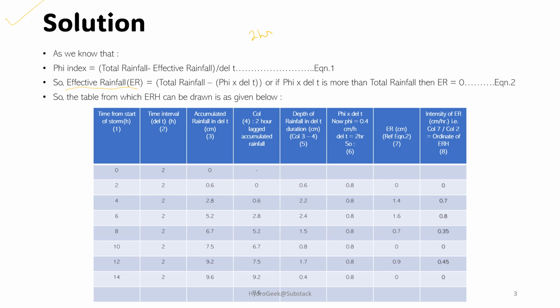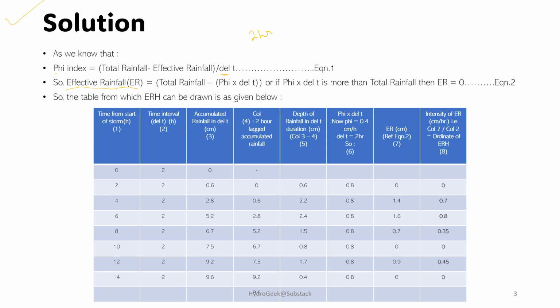So this is a very simple calculation. Del T is taken to the left hand side. As del T is in the denominator, it is multiplied with the Phi index. And then the total rainfall has also been taken to this side. So total rainfall minus Phi into del T is your effective rainfall.